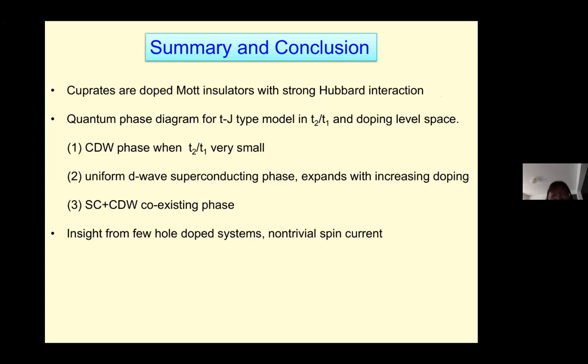For the quasi-1D case, after we submitted the paper, we were reminded that there are no different quantum phases. There may be the same phase, especially the superconducting and the superconducting CDW coexisting phase, because they have power law behavior and the exponent just changed.